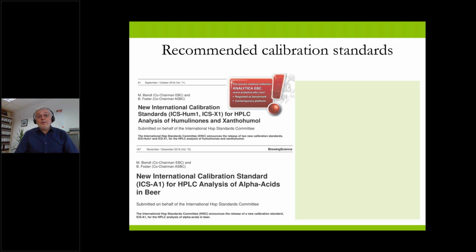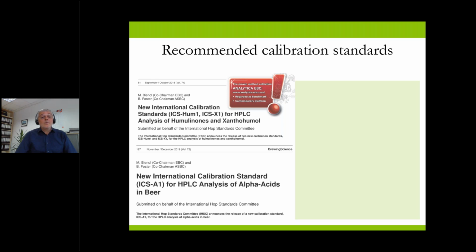What is different to the existing EBC 947 method is especially the type of calibration standards you need, because before introducing the method, it was necessary to develop and release new international calibration standards.